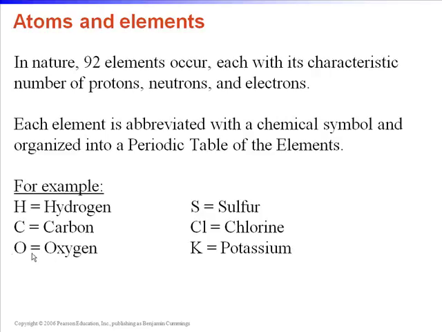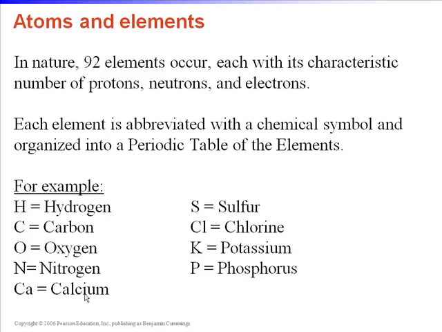Oxygen, letter O. Potassium, letter K. Nitrogen with an N, phosphorus with a P, and calcium with a Ca. So here are 1, 2, 3, 4, 5, 6, 7, 8, 9 elements for you to learn the chemical symbol for, and we may add to that list as we go on.